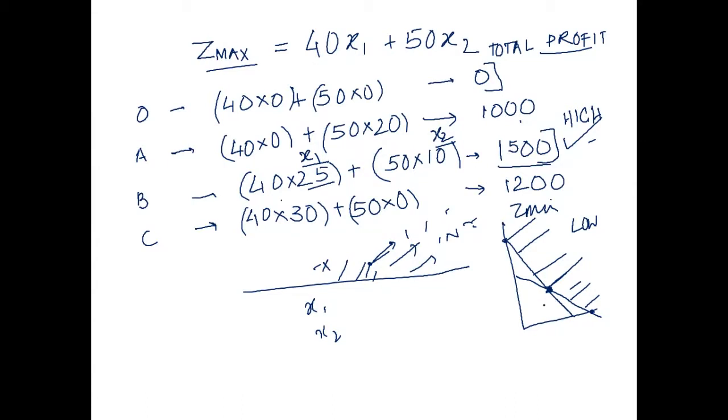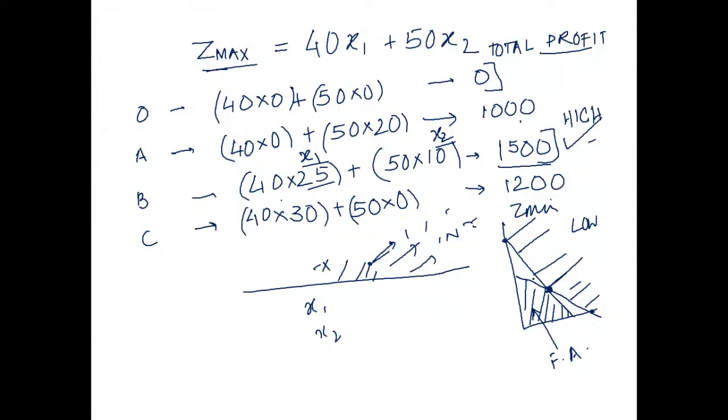So once we have found the point of intersection and the problem is of Z max, the rule will be to consider this area. This area is called the feasible area.